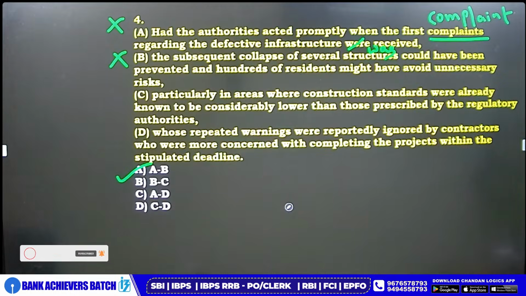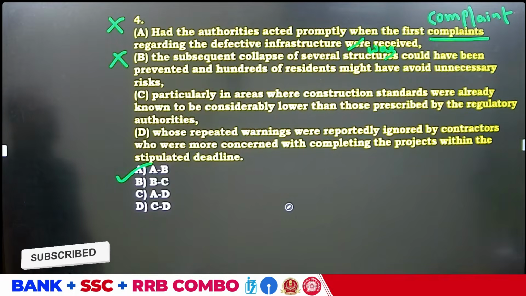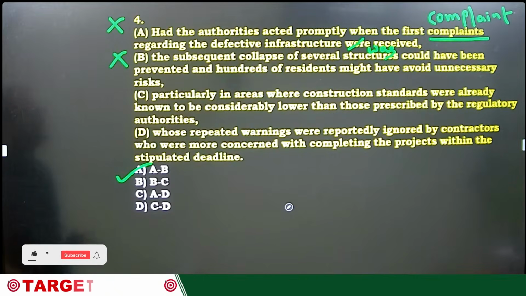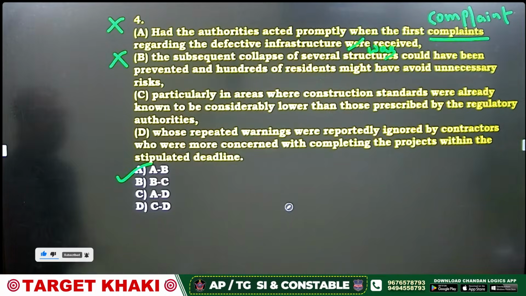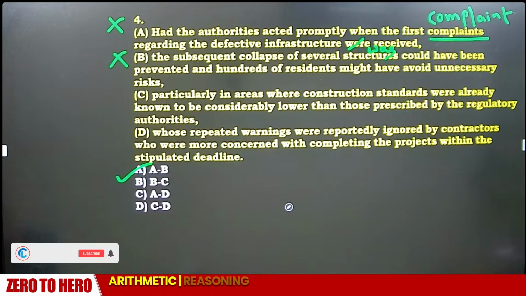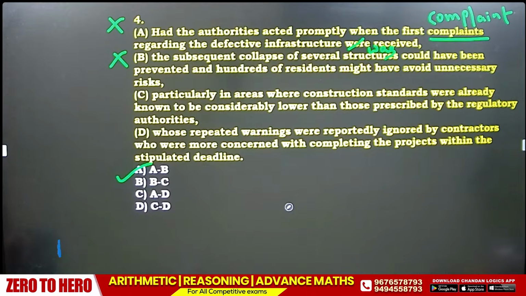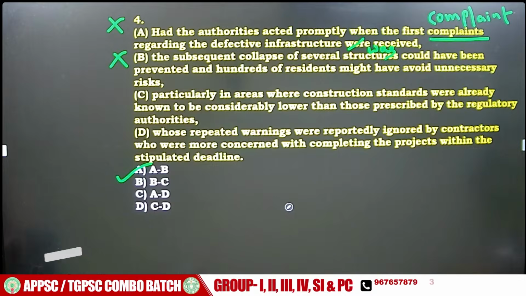So had the authorities acted promptly, when the first complaint regarding the defective infrastructure was received, the subsequent collapse of several structures could have been prevented and hundreds of residents might have avoided unnecessary risks. Particularly in areas where construction standards were already known to be considerably lower than those prescribed by regulatory authorities whose repeated warnings were reportedly ignored by contractors who were more concerned with completing the projects within stipulated time.